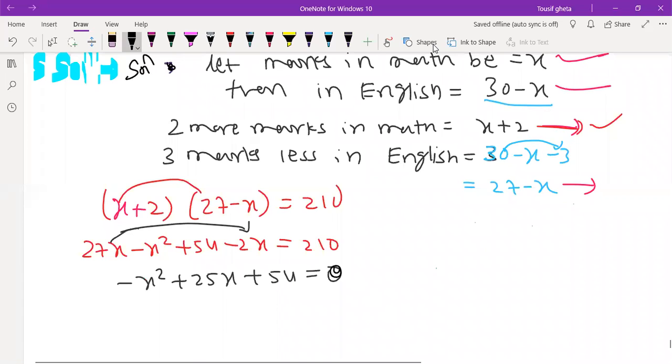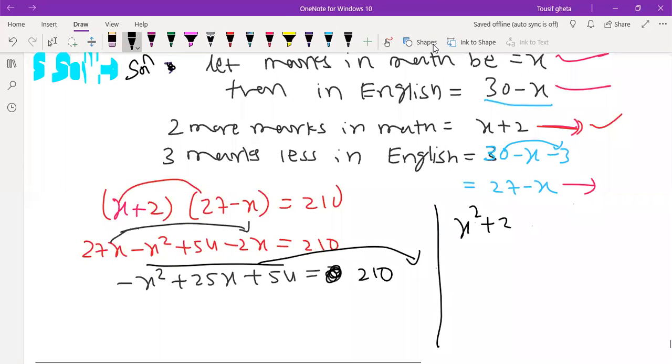Now this whole part will go to this side. It will become plus, 25x will become minus. So we will get x square minus 25x minus 54 plus 210 equals 0.